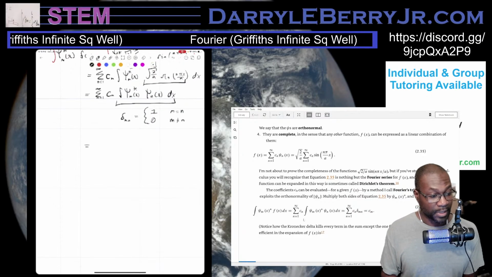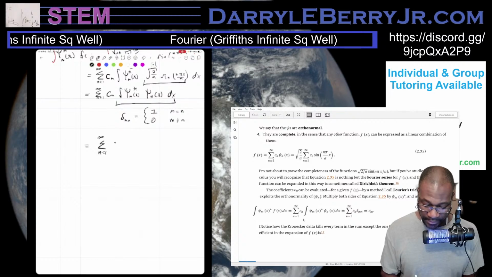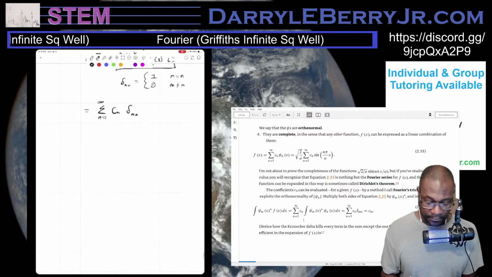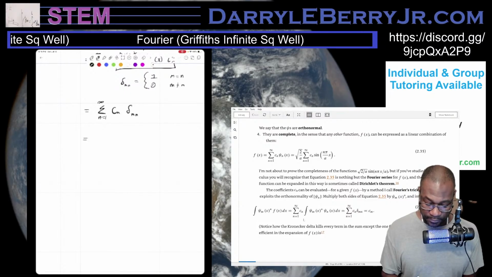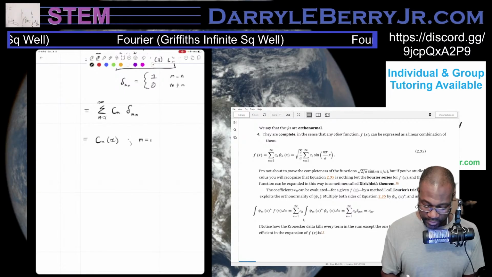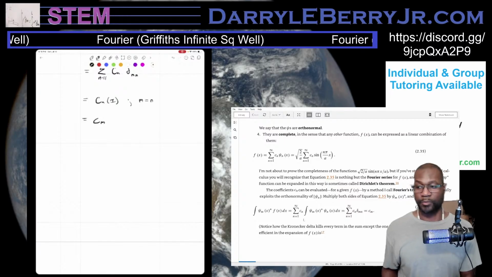So we can say this equals sum n equals 1 to infinity of Cn Kronecker delta mn, and we can say Cn times 1, where m equals n, and that's why the book has Cm, because m equals n, otherwise we won't have a value.